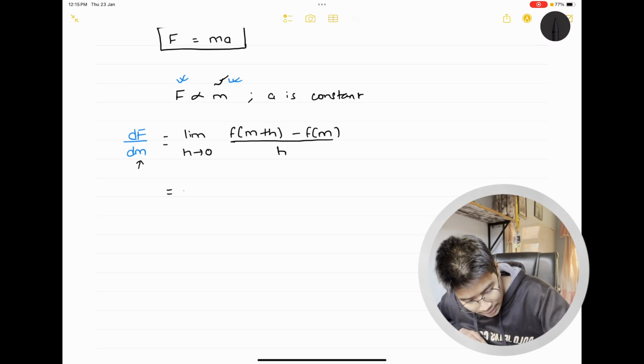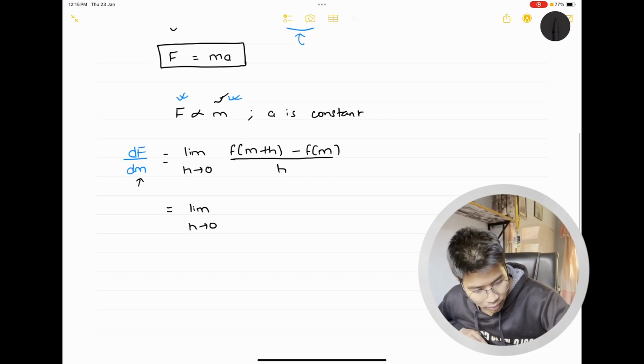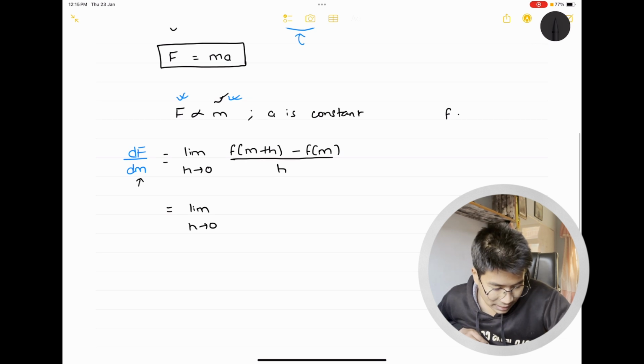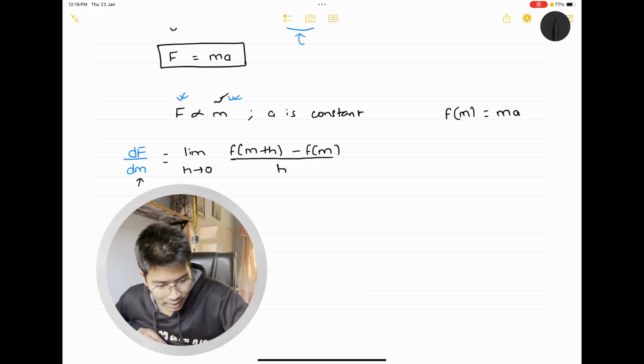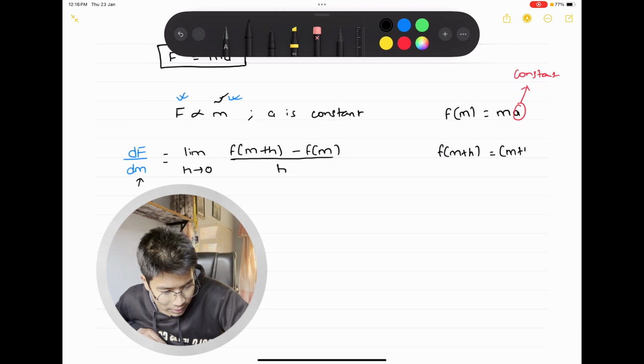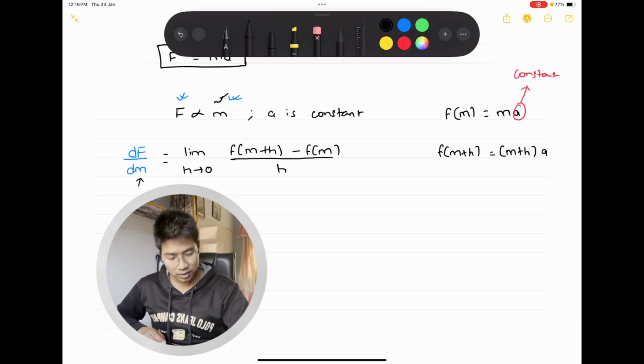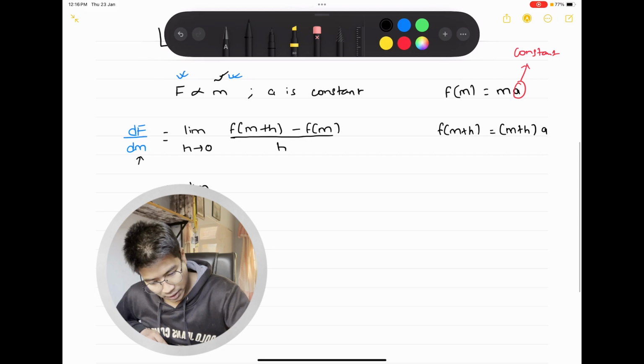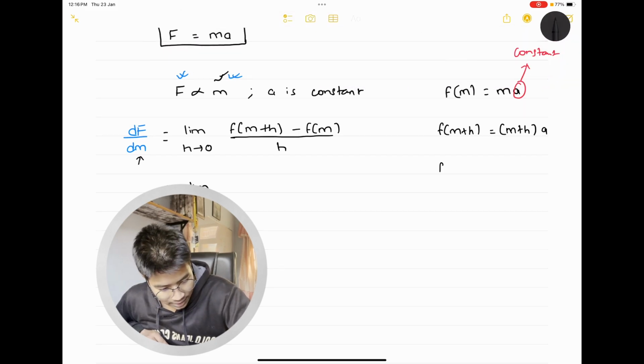Okay, and that is limit as h tends to 0. Now over here the function is basically a function of m, let's say f of m is basically ma, and you should realize that a over here is a constant. Okay, so that means if I wanted to calculate the function of m plus h, that would be m plus h times a.